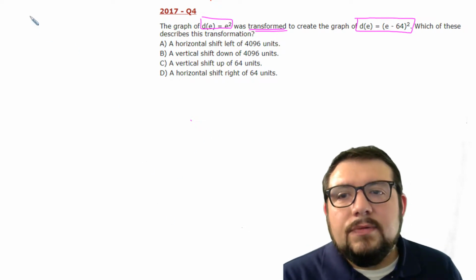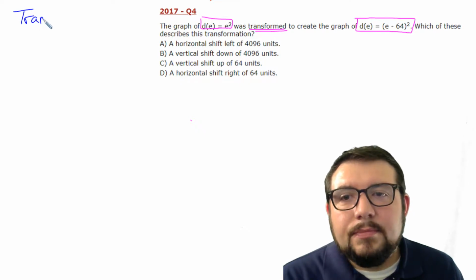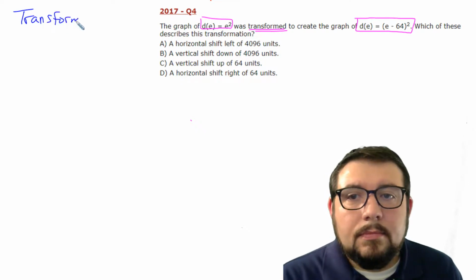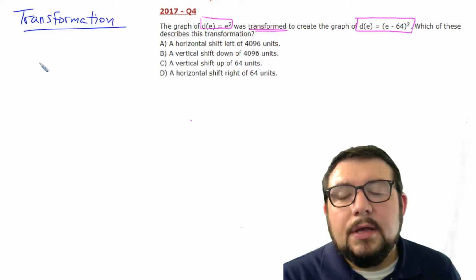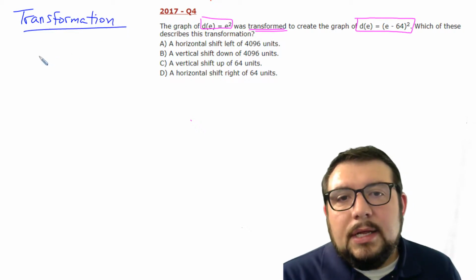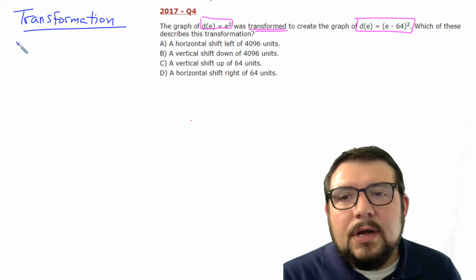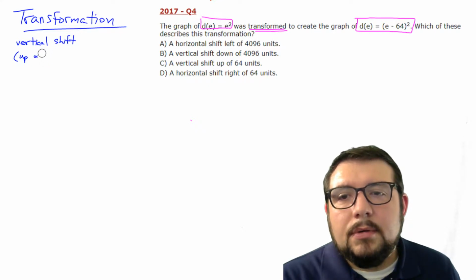So there are some notes that you want to have for transformations. And they're very straightforward, easy problems. Okay, so for example, let's say that I want to move a function. I want to do a vertical transformation, a vertical shift. Now, vertical means up or down.